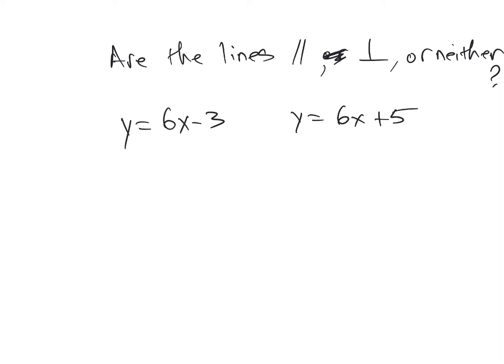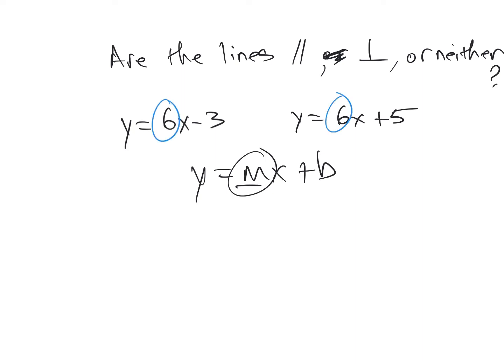Here's what you need to know. You have to know slope to understand if something's parallel or perpendicular. So these are in slope-intercept form. All you need is the m. So that answer would be 6 and 6. So since they have the same slope, then this is parallel. Okay? All right, next one.